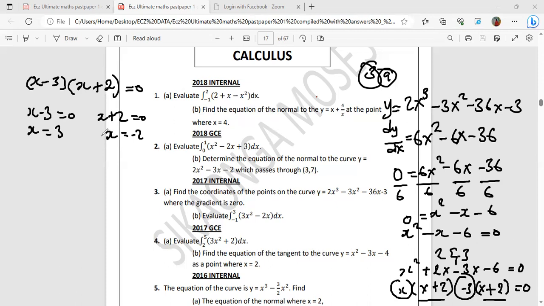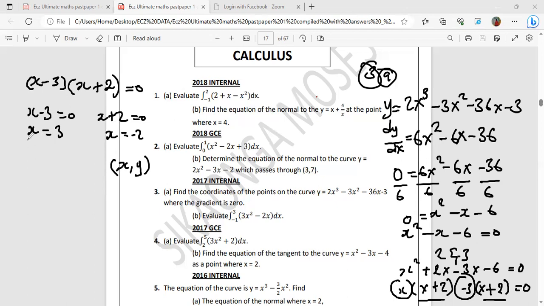Now, what was the question here? Find the coordinates. Remember that a coordinate is a set of points written in the form x, comma, y. You have not finished solving the question because here you have only gotten the x values, one for each coordinate.